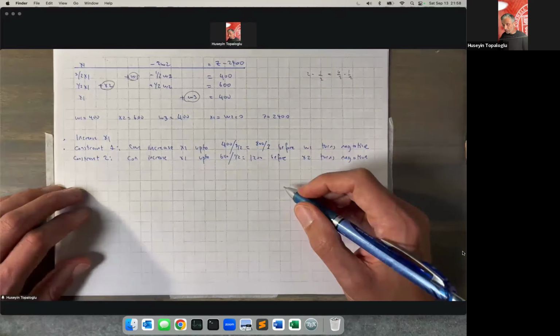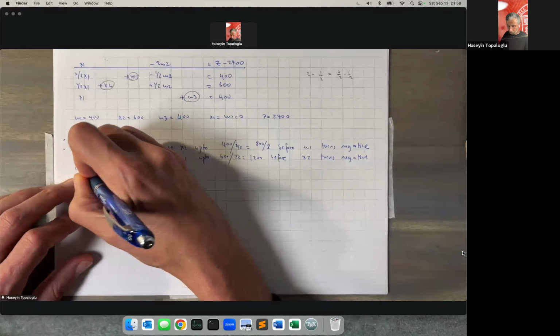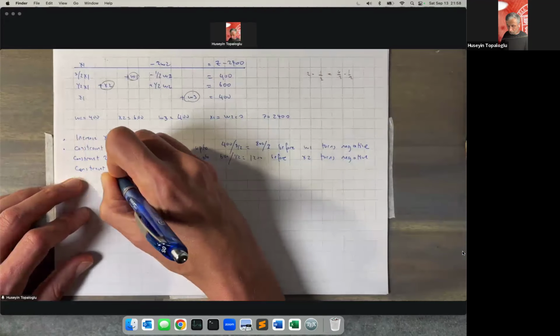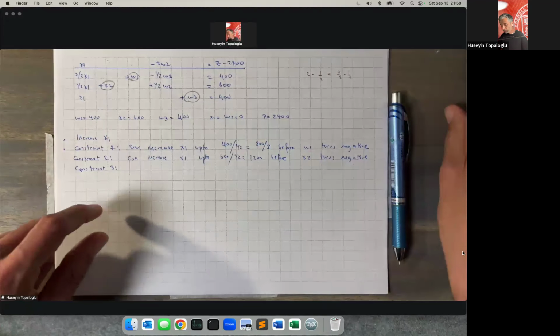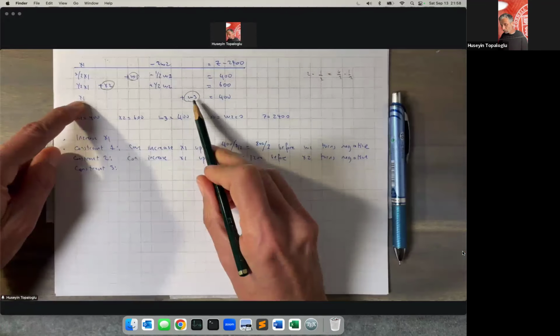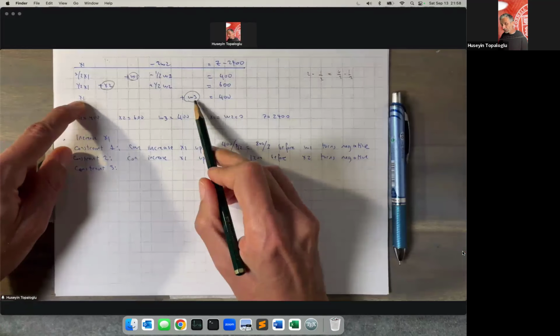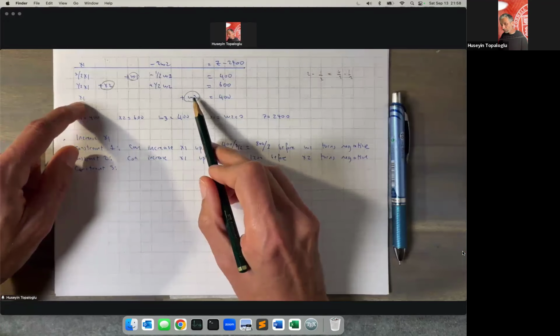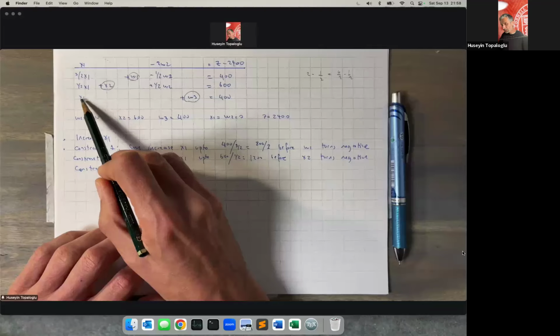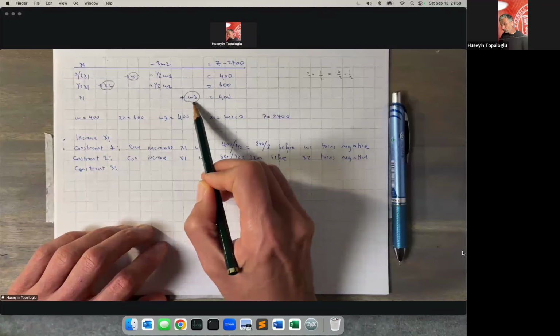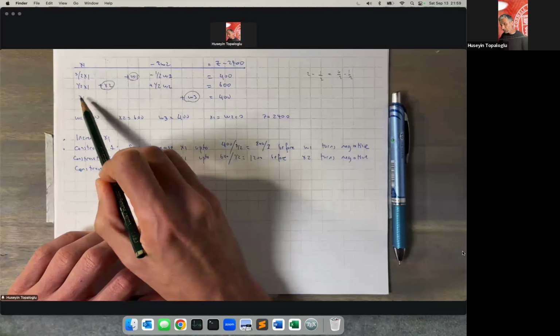Wonderful. And what's happening in the third constraint? Right now in the third constraint, we're increasing x1, W3 is 400. Any increase in x1 is going to be eaten up by W3. How much can I increase x1 before W3 turns negative? This is 0, this is 400. If I increase x1 to 400, W3 is going to be equal to 0, so that they add up to 400.